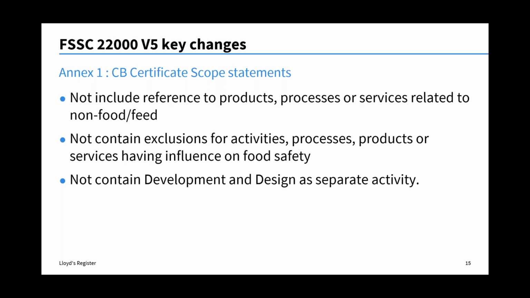Also, the scope statement should not contain development and design as a separate activity. These activities are only allowed when they are part of the processing or manufacturing activity covered by the FSSC 22000 scope of certification, and it should be part of the same legal entity. So there is a lot of clarity on the scopes, and they have described for each category how the scope should be worded, with examples.